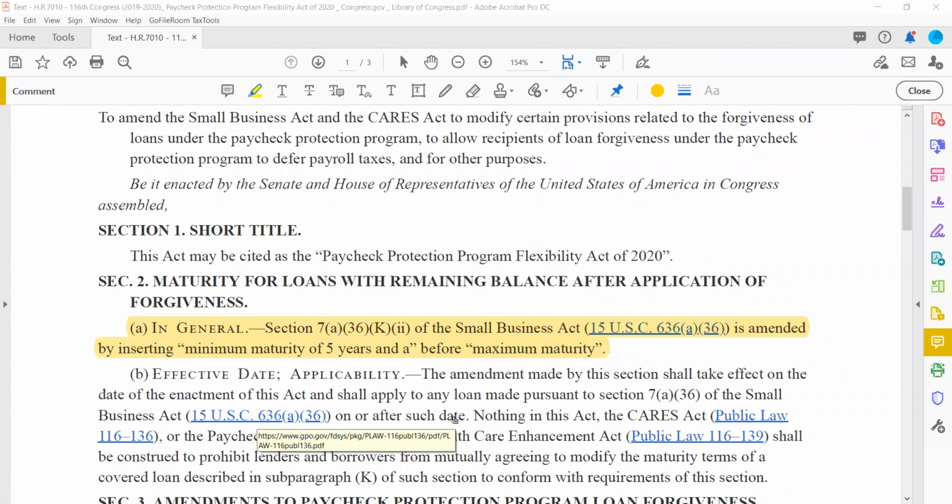Just scanning through, the first thing about what this act does, I should say, is that this is not really a standalone act. This act basically amends certain paragraphs of the CARES Act. It amends a lot of dates, strikes through and amends a lot of paragraphs, and also adds a couple of paragraphs to it.